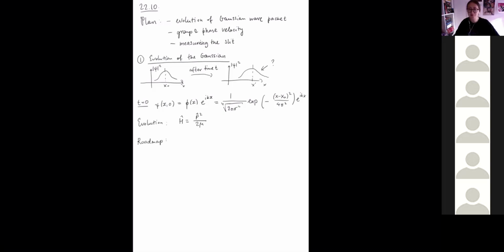And let me first propose a roadmap for how we will, the least painfully, come to our final conclusion about how the wave function will look after evolving under this Hamiltonian for time t. So what we can notice about this Hamiltonian is that it is a function of the operator p.